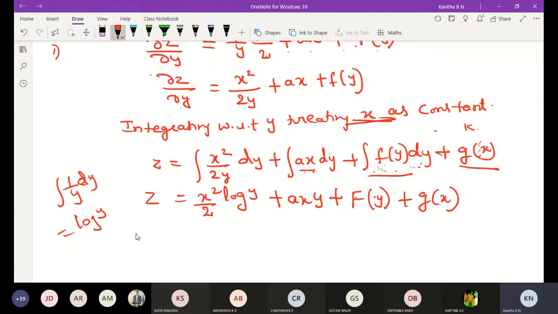Here capital F of y is nothing but the integration of f of y dy. This is the required answer.